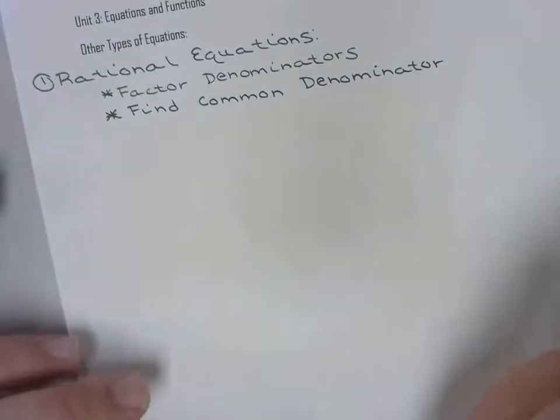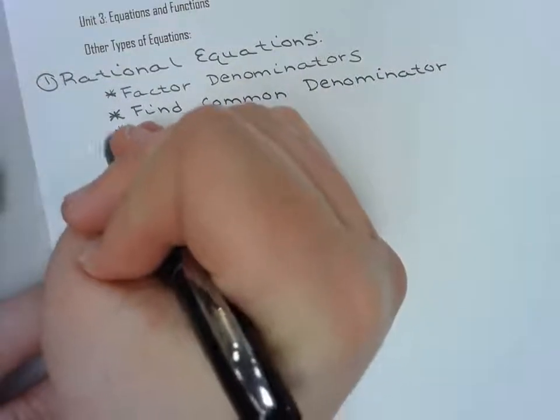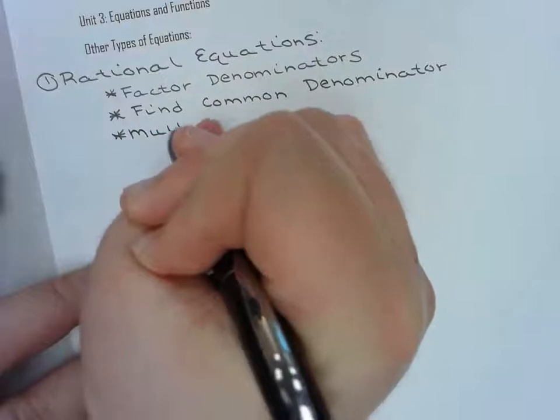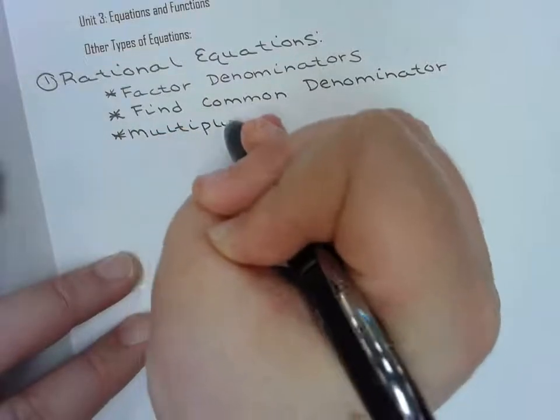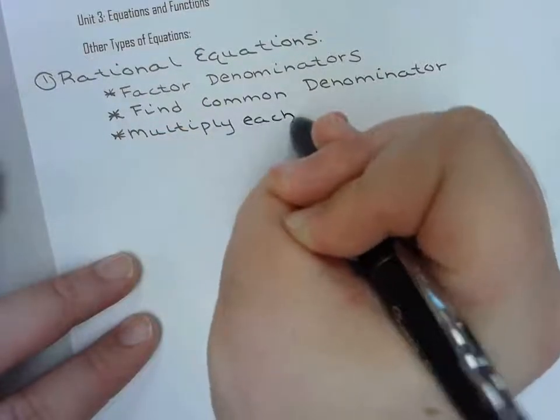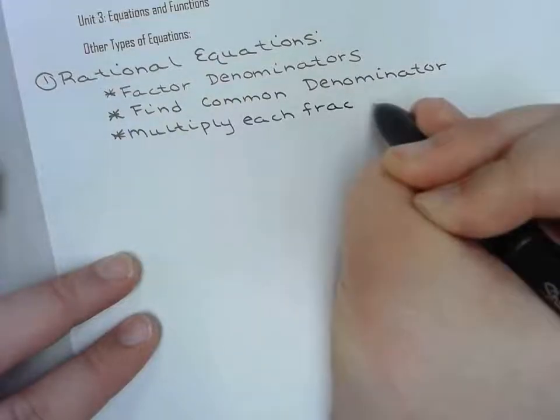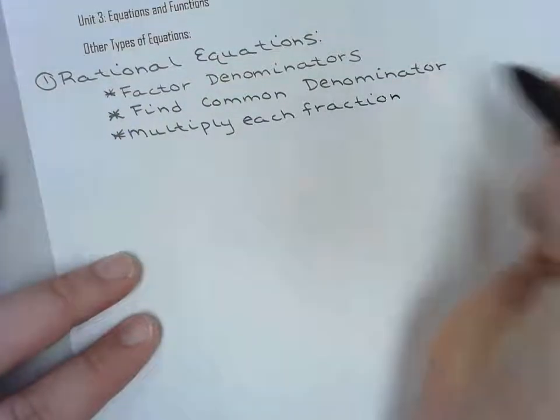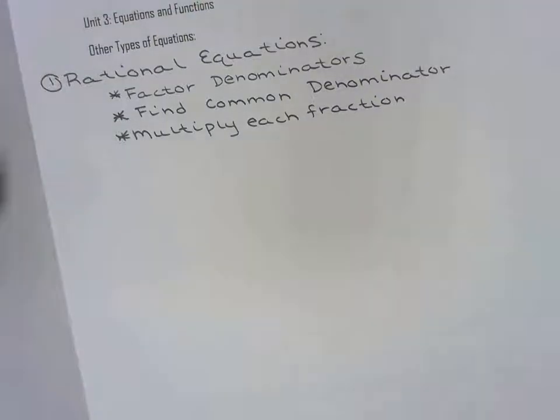Once you find the common denominator, you're going to multiply each fraction in order to get the common denominator. This is all review. You look at a fraction and say, okay, this part was missing from the denominator, so I multiply the top and bottom by this.